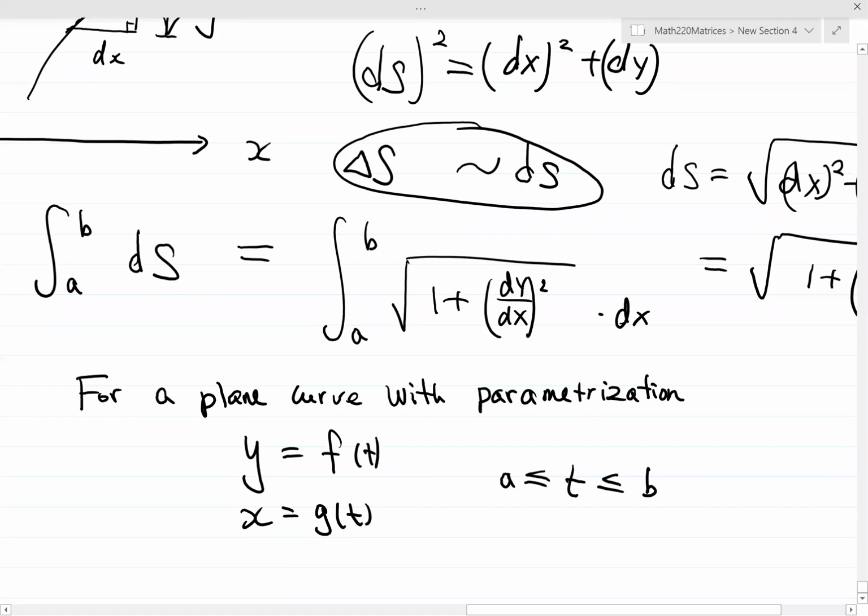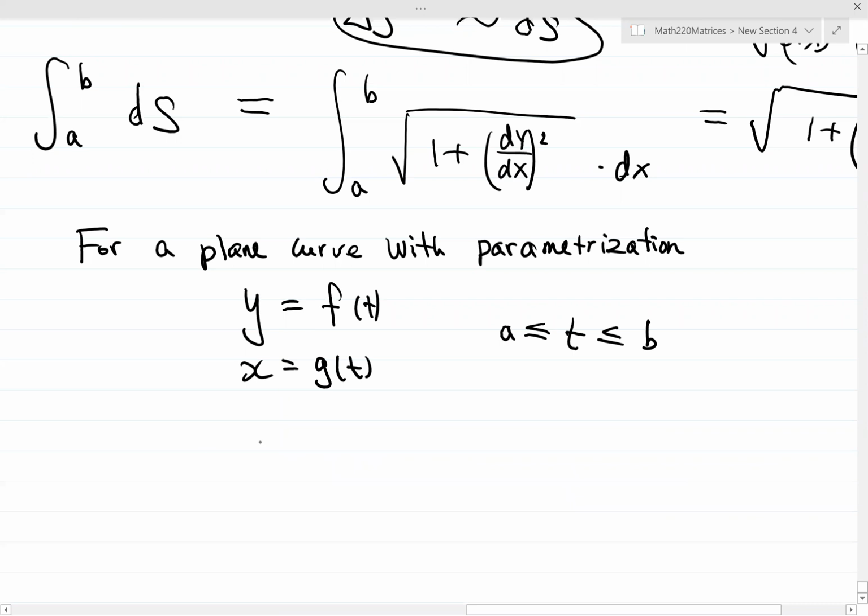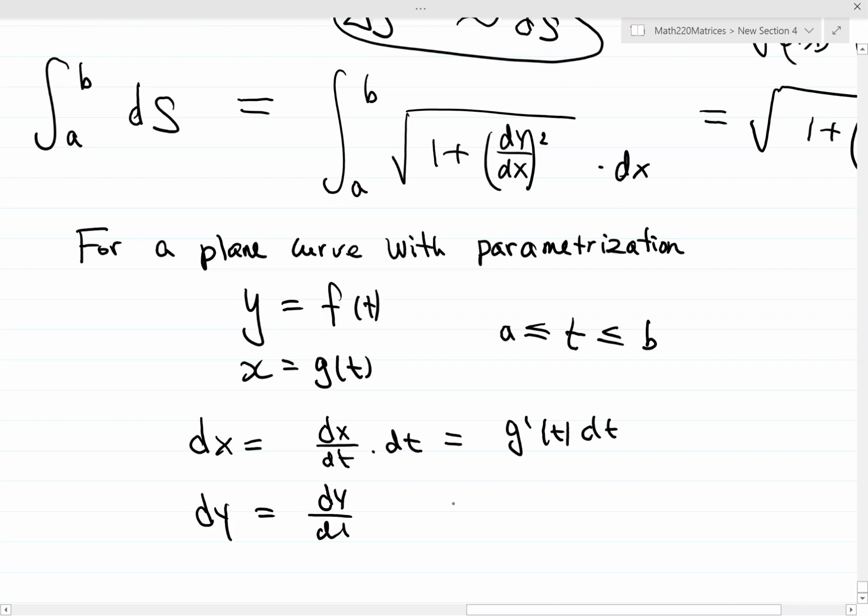Then the differential dx will be dx over dt times dt, which is g prime of t dt. Then dy will be dy over dt times dt, which is f prime dt.